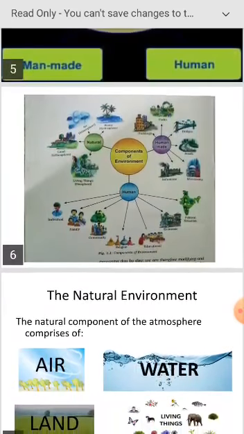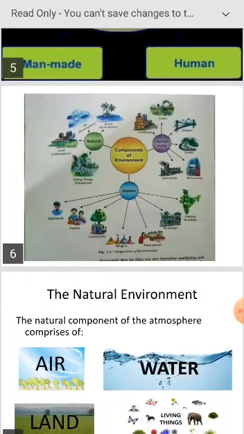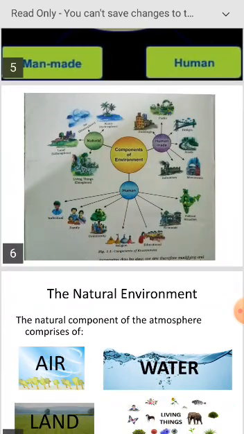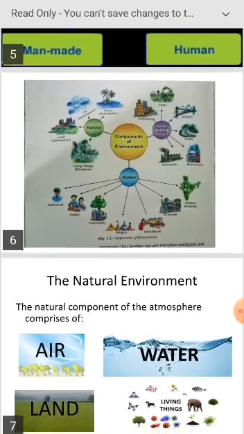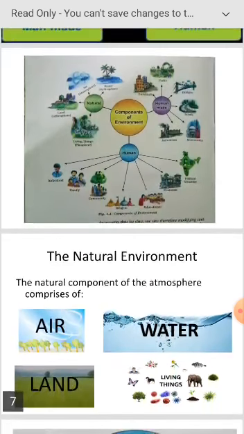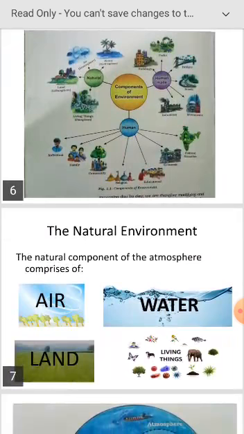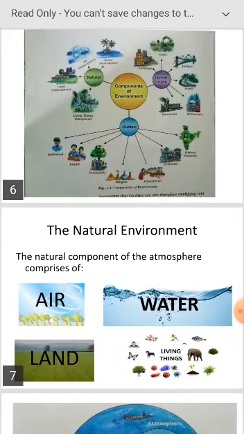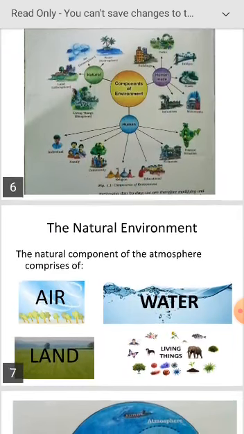Another slide here is like a collage, where the components of environment are made up of natural and human-made. You can zoom in and see the slide. You'll understand better, as it contains everything.